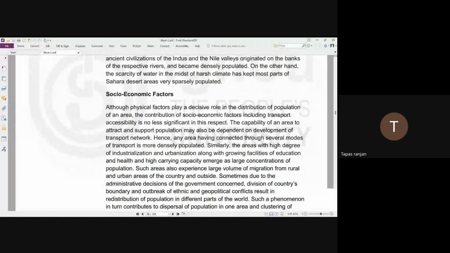Then socioeconomic factors. What are the different socioeconomic factors which determine or define the population distribution of any region? There are population organization, just like religion, urbanization, education, healthcare facilities. All these are side factors, although side factors, but still contribute to determining the population distribution of any region.